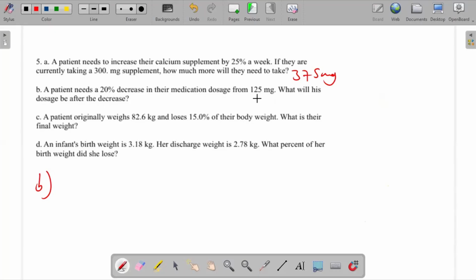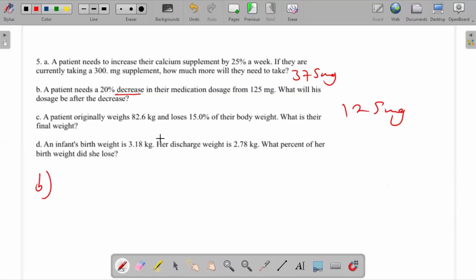This is what you're going to be doing. We notice that this is a patient. We need to decrease, sorry, by 20%. Currently, we are giving this patient 125 milligram and we want to decrease by 20%.